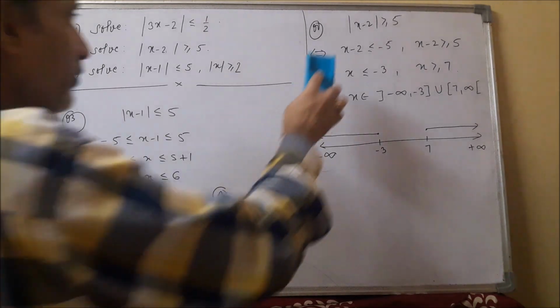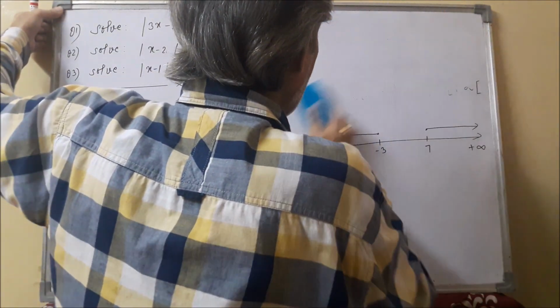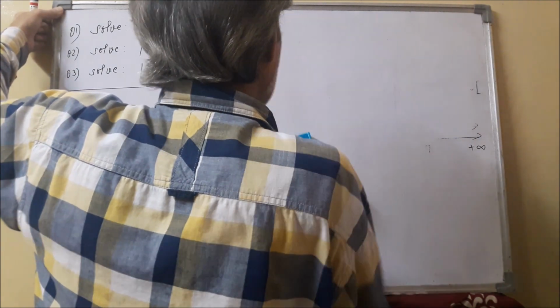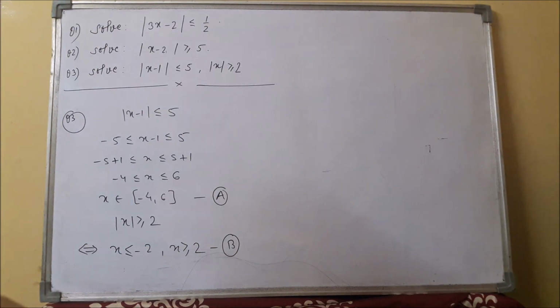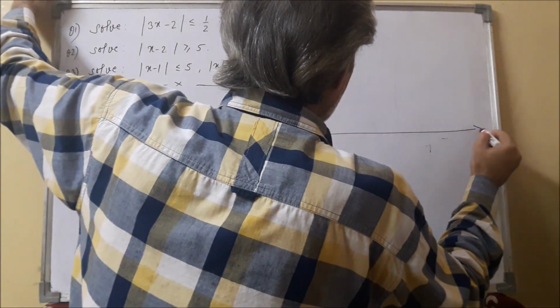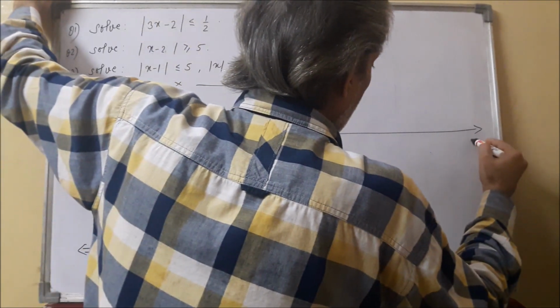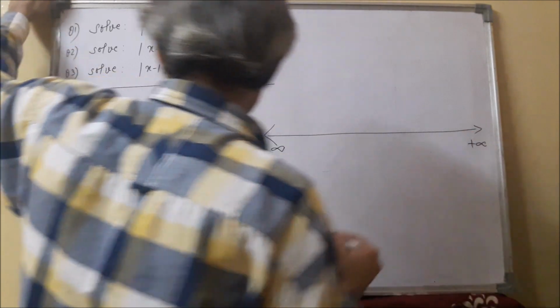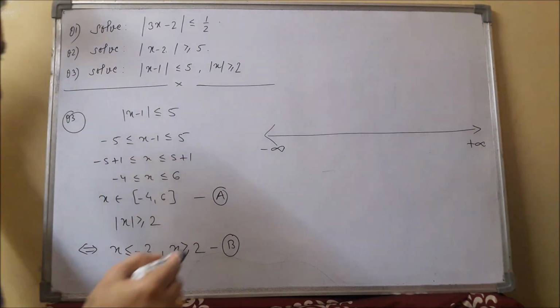So we'll take the help of the number line. As I told you earlier, it makes things easier. So just by plotting it on the number line, plot these different values on the number line.